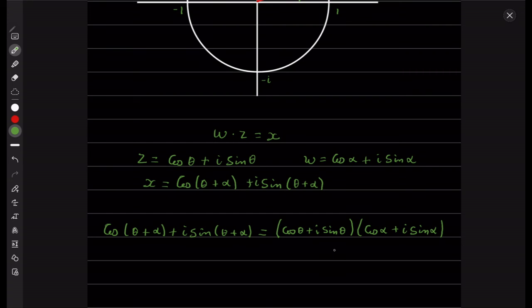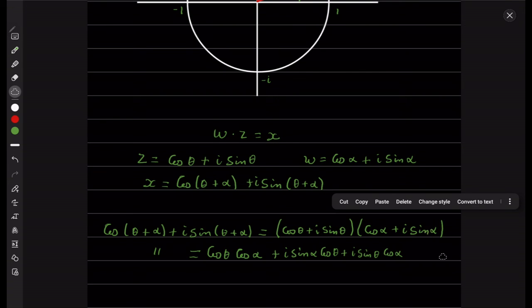We can expand this out. When we're expanding this out, you have to remember for the last terms, I sine theta times I sine alpha, because I times I is equal to -1, because square root of -1 is defined to be I, so I squared should be -1.